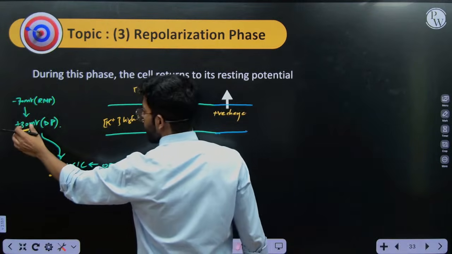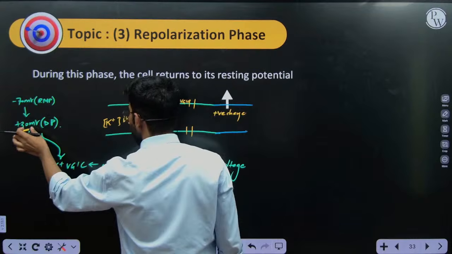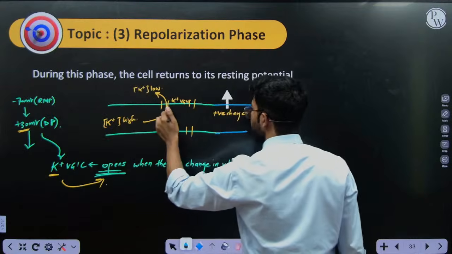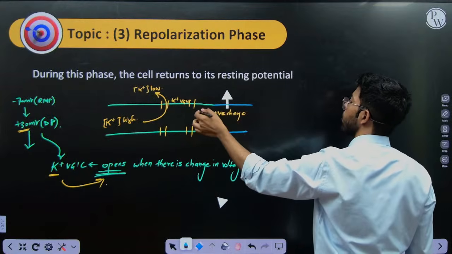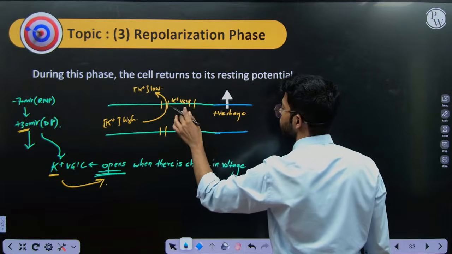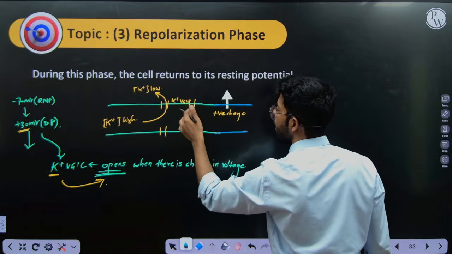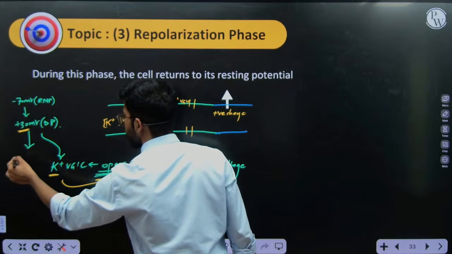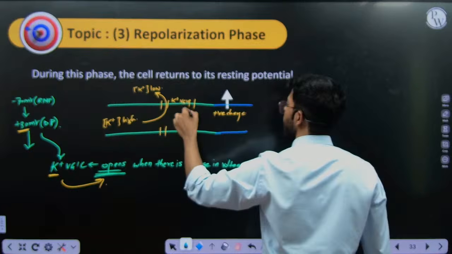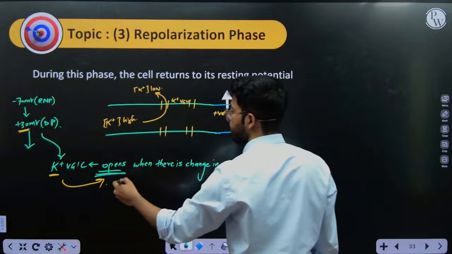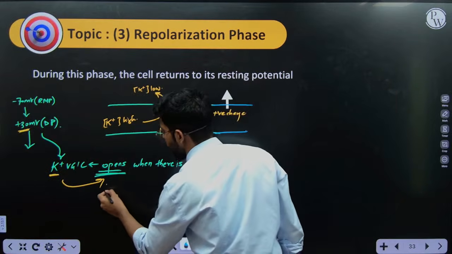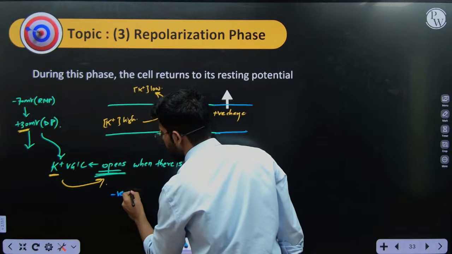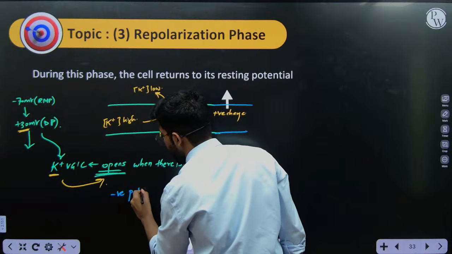So when there is plus 30, the positive charge moves outside of this cell. So it will reach from plus 30 to plus 20, then plus 10, then 0, and then it will again move towards the negative potential.